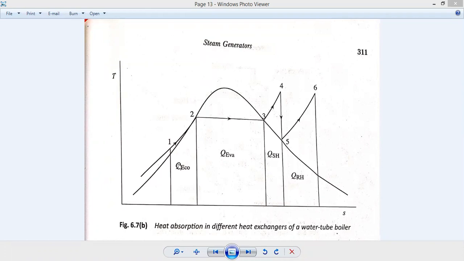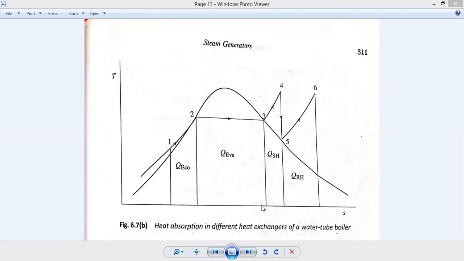The percentage of total heat absorbed in the economizer, the evaporator, and the superheater is as follows. The percentage for the economizer is Q economizer divided by Q economizer plus Q evaporator plus Q superheater, into 100. So Q economizer is H2 minus H1, and all these three terms together equal H4 minus H1, into 100.